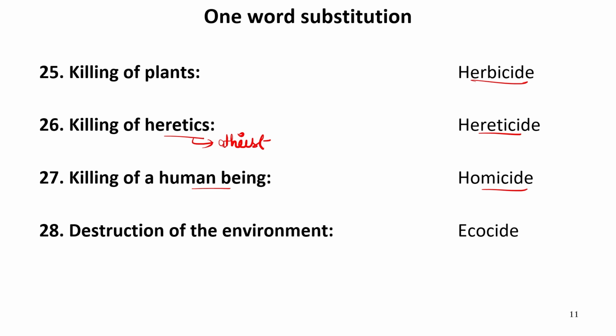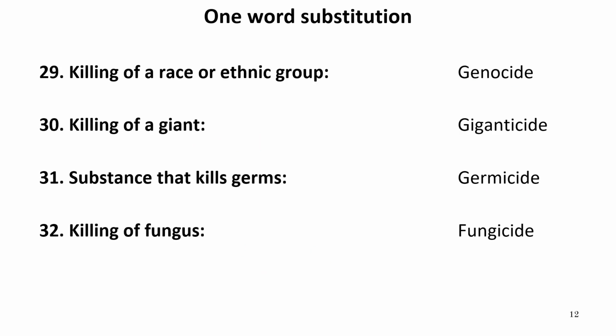Destruction of the environment. Now we use a word for environment, that is eco. Let us say ecosystem, ecology. So the word related to environment is eco, and destruction of the environment is known as ecocide. This is eco plus side, that is ecocide. Now let us move to the next one. Killing of a race or ethnic group. This is known as genocide.